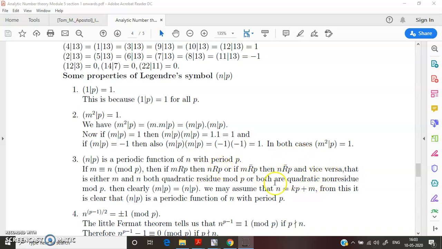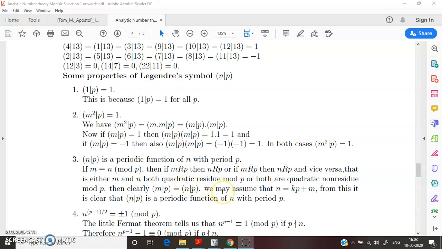So this is in the opposite way also. So this means that if either m and n are both quadratic residues mod p, or m and n are both quadratic non-residues mod p, that means both will take the same value. So both will take the same value means the Legendre symbol m over p is the same as the Legendre symbol n over p.